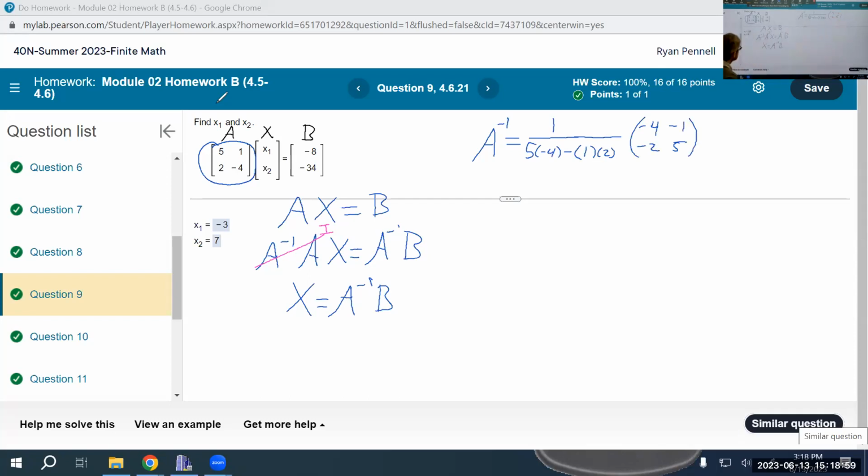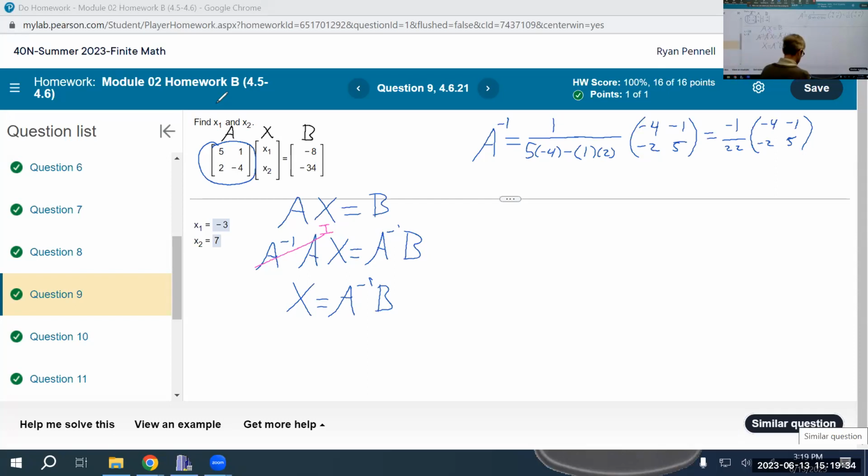Okay. So that's -20 minus 2. I guess that's -22. Hopefully I didn't make a mistake. Let me double check just in case. 5 times -4 minus 2 is -22. Yeah, so we got -1/22.